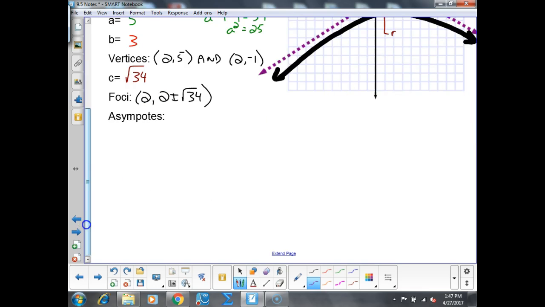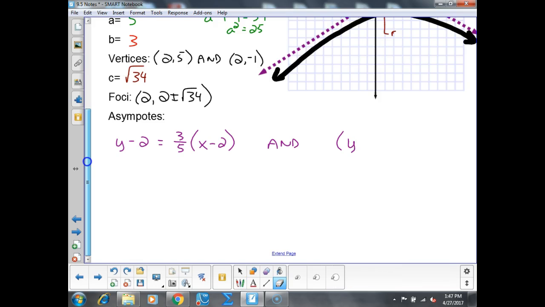So then that's going to be y minus 2 equals 3/5 times x minus 2, and y minus 2 equals negative 3/5 times x minus 2.